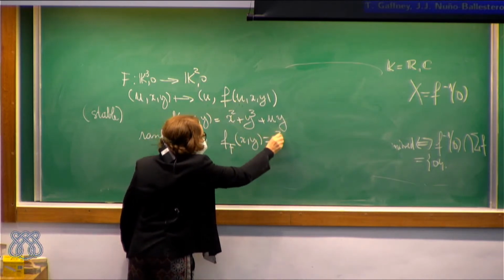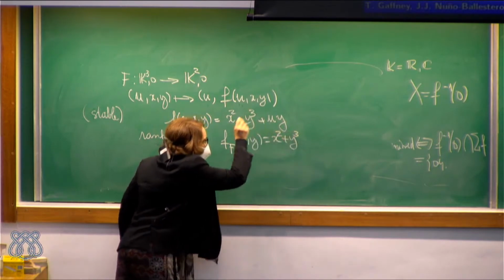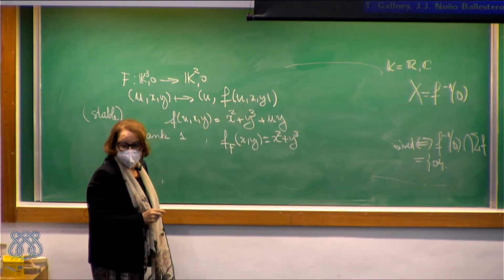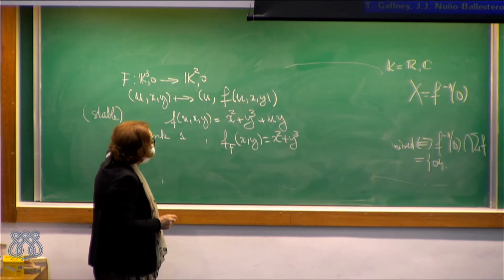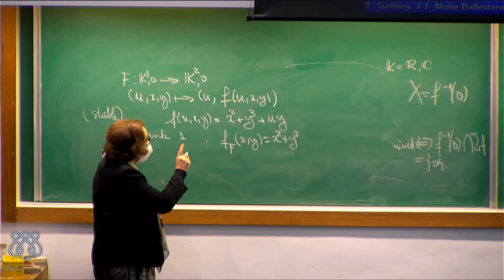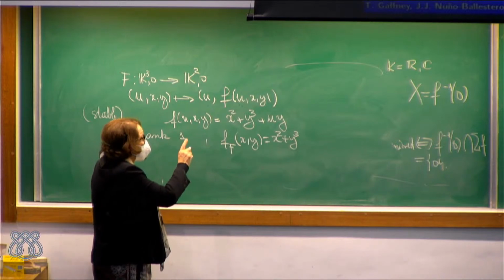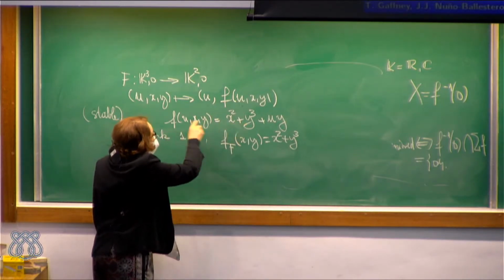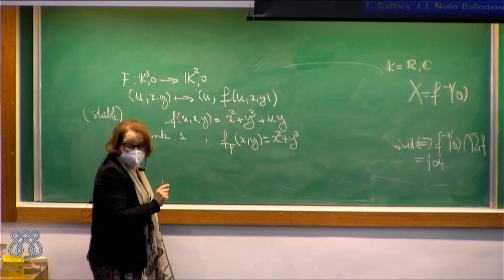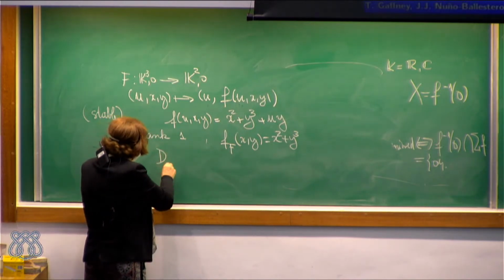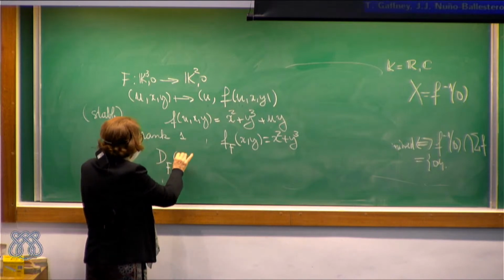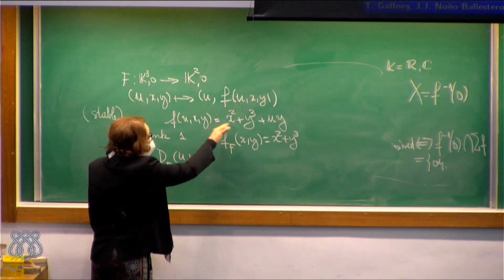So it unfolds this old friend of ours. Now, if I look at the graph deformation of this F, in other words, I use this notation for the graph deformation of this F.